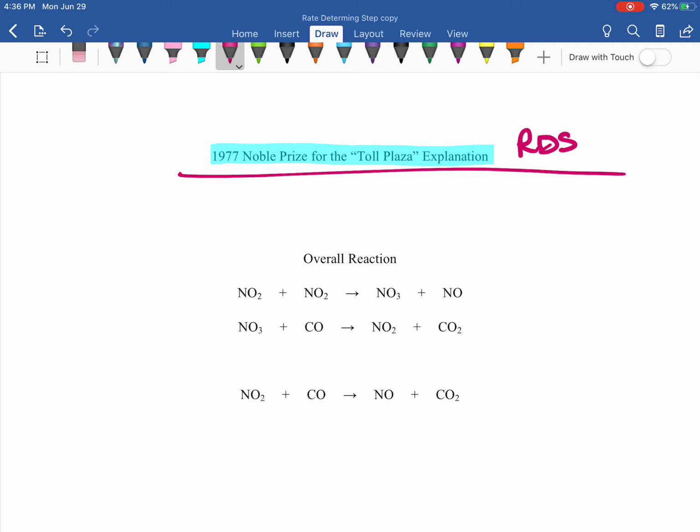So this is in a nutshell what this explanation is. Let's say you're trying to time your commute and you're trying to tell your friends, it usually takes me 20 minutes to get to work. But let's say you take the toll in New York State. So when this Nobel Prize was given and this explanation was given, this is when you had to go through toll plazas where you would drop change in the toll plaza.